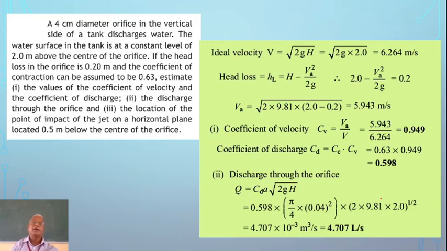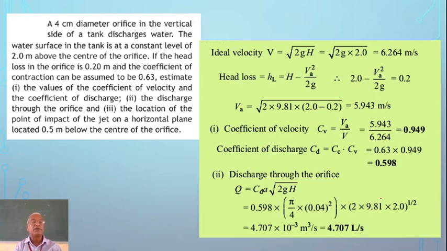Okay, here slightly a different problem. A 4 cm diameter orifice in the vertical side of a tank discharges water. The water surface in the tank is constant 2 meters above the center line. If the head loss in the orifice is 0.2 meters and the coefficient of contraction can be assumed to be 0.63, estimate the coefficient of velocity, coefficient of discharge, the discharge through the orifice, and the location of the point of impact of the jet on a horizontal plane located 0.5 meters below the center of the orifice.